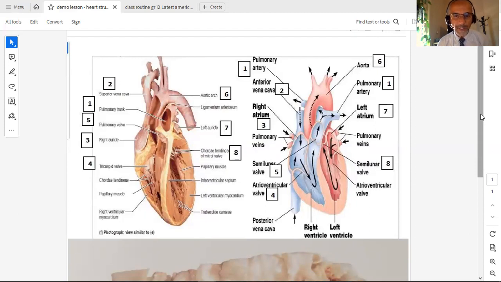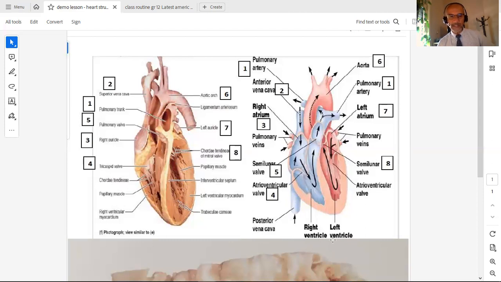So looking at number 8, very clearly here, we see that this is the valve which leads to the aortic arch, all right? And right here, number 8, also in the real one, we can see that it's not really that easy to be seen in terms of its structure, but again, it's a very important element that we know, which is, of course, making sure that blood is flowing in one direction, all right?